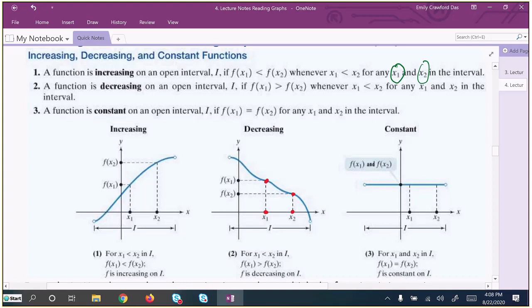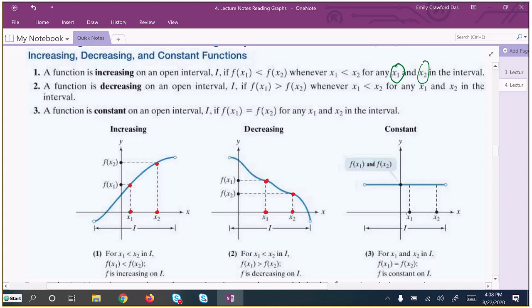If it helps to draw a picture like this, it's absolutely a good idea. As we're moving from left to right, for the increasing function, the values are increasing. For the decreasing function, the function values are decreasing as we move from left to right.